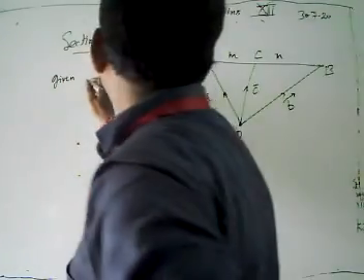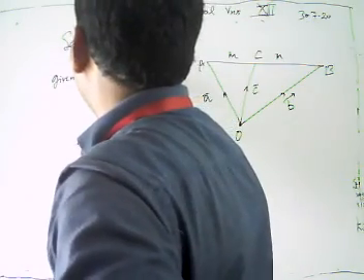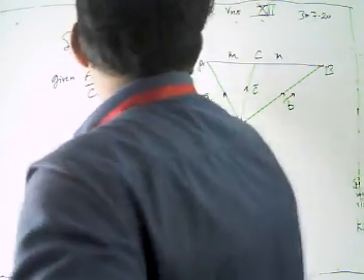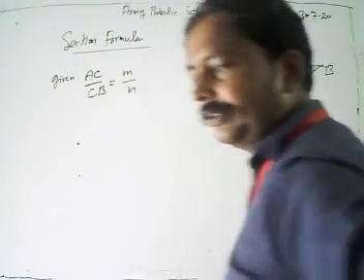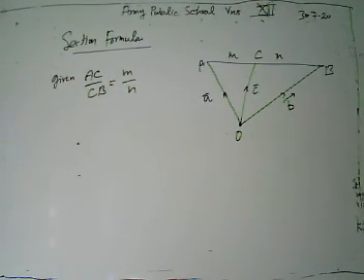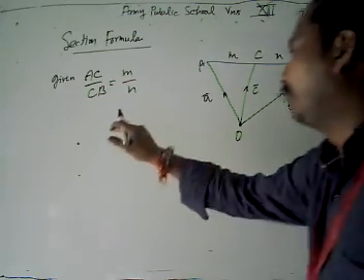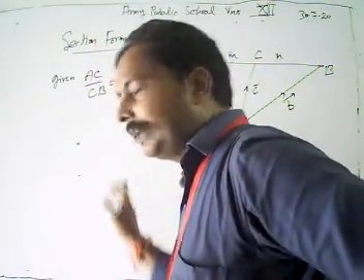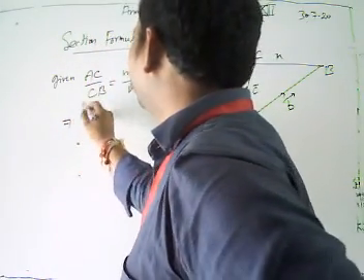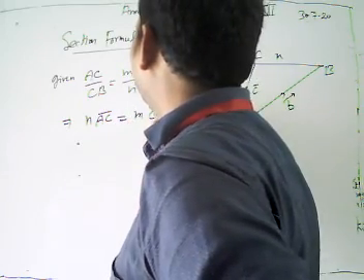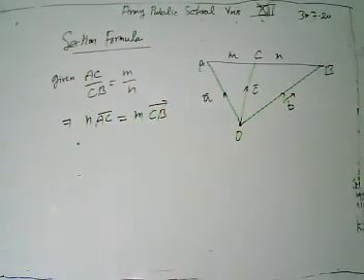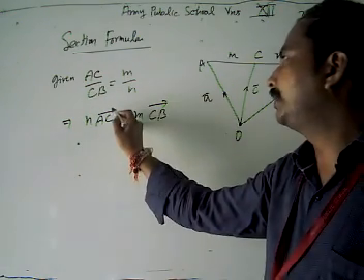Then it is given that the ratio of AC to CB is m/n. Then we can write it in vector form: n times vector AC is equal to m times vector CB.